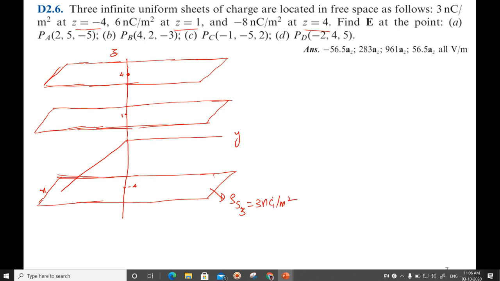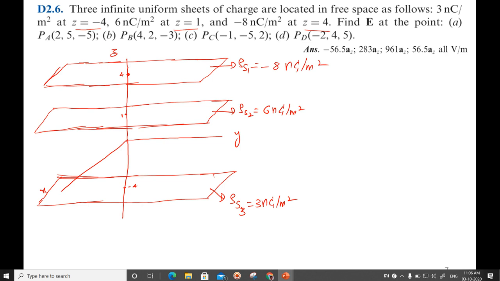At z equal to 1, let me call this the second sheet, rho_s2, and it is equal to 6 nanocoulomb per meter square. Next, at z equal to 4, this is the first sheet, rho_s1, and it is equal to minus 8 nanocoulomb per meter square. Yes, all 3 sheet charges are located.